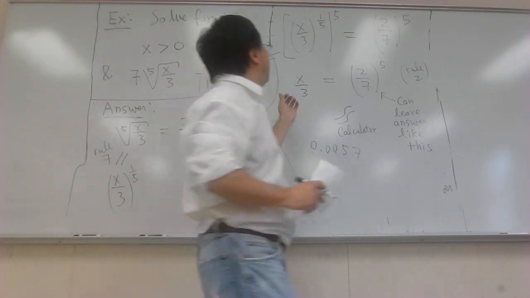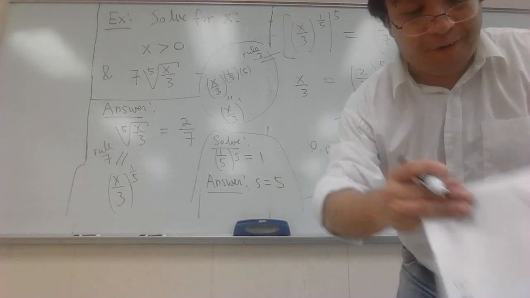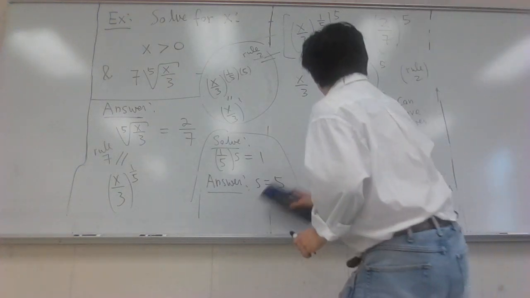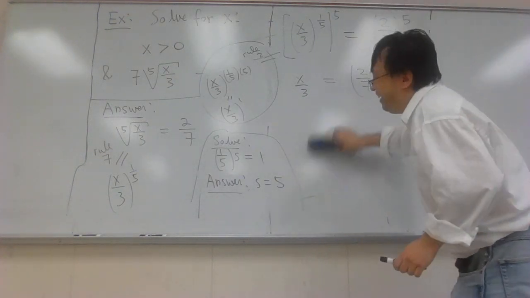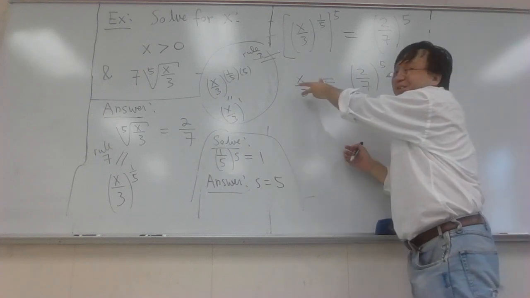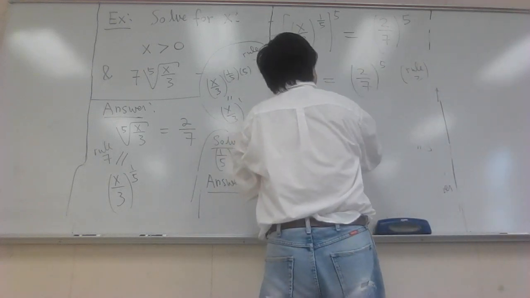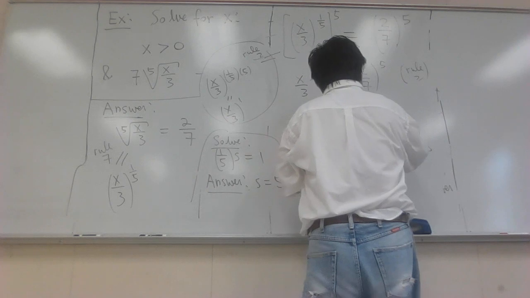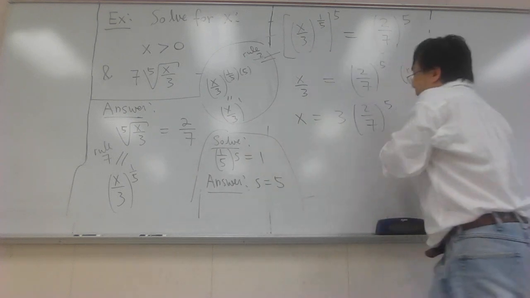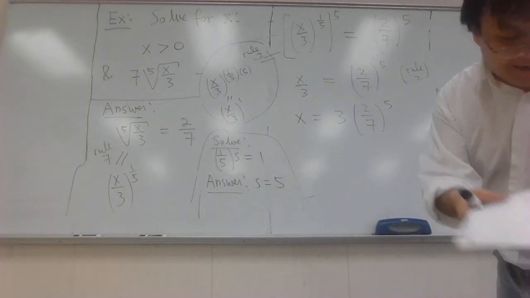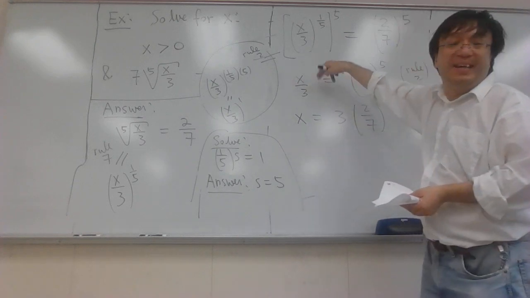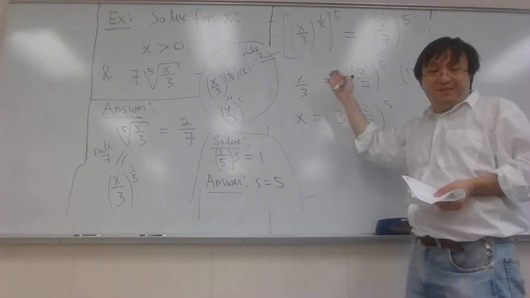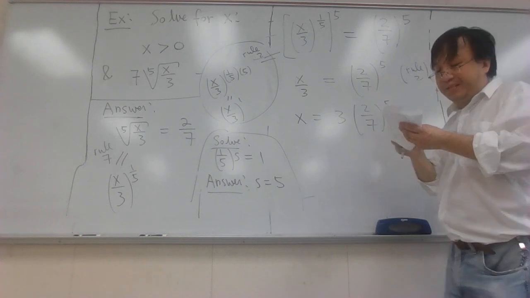Oops, I made a mistake over here. This isn't the answer. To get the answer, you have to clear out the 3. So x is equal to 3 times 2 over 7 to the power of 5. It's easy to isolate the x now because you just multiply both sides by 3.